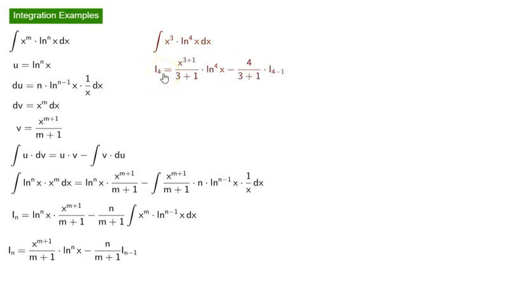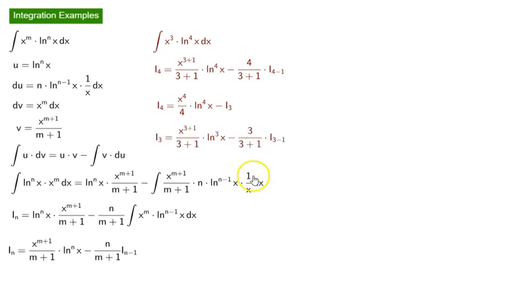Now I sub 4 is equal to x to the power of 3 plus 1 by 3 plus 1 times natural log to the power of 4 x minus 4 by 3 plus 1 times I sub 4 minus 1. This becomes 4 by 4, that is 1, times I sub 3. And here in this first term, we get x to the power of 4 by 4 times natural log to the power of 4 of x.